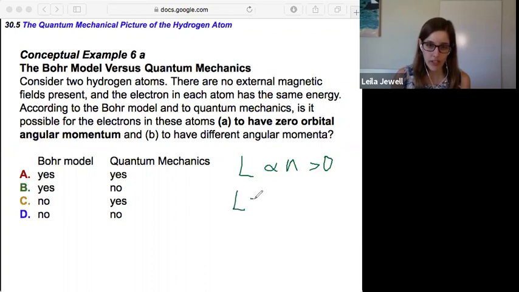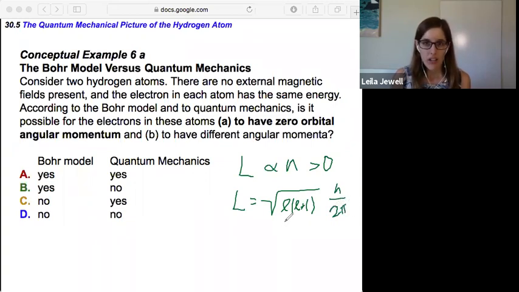Quantum mechanics says that L is equal to the square root of L times L plus 1, along with this h over 2 pi. So what does this mean? Well, the script L, the orbital quantum number, can have values starting at 0, so greater than or equal to 0. So for quantum mechanics, the angular momentum can be 0. It could be something else too, but it's possible for it to be 0. So that's a solid start there.